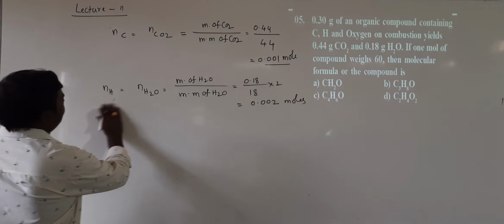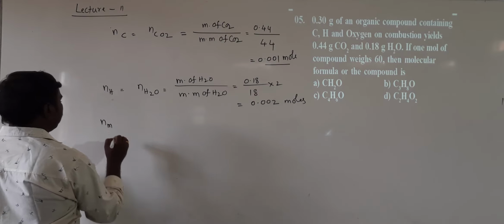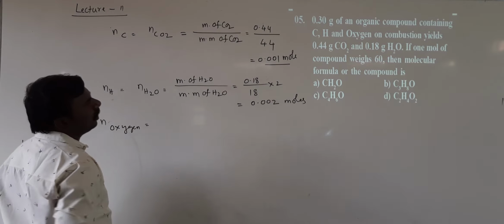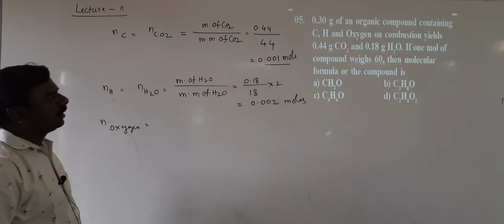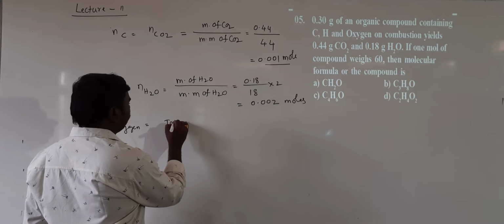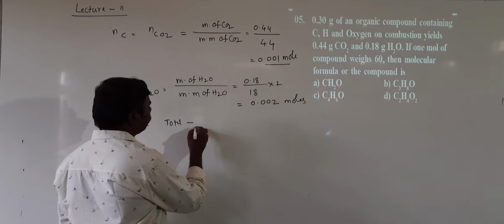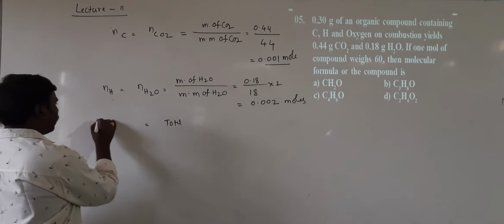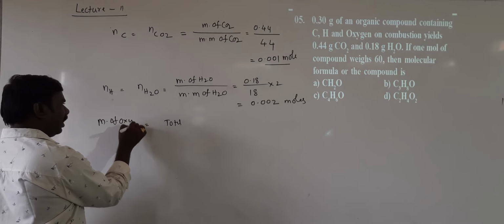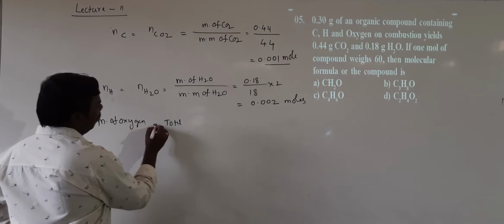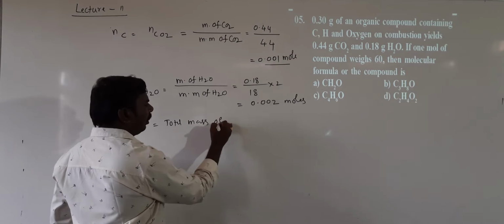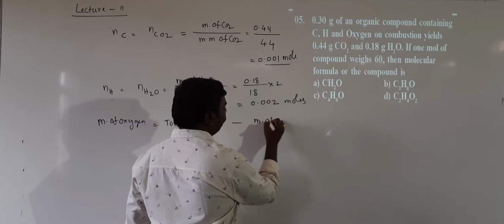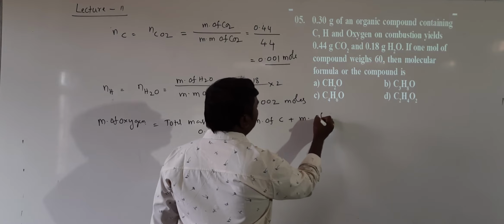Next, number of moles of oxygen. Total mass of oxygen equals total mass of organic compound minus mass of carbon plus mass of hydrogen.